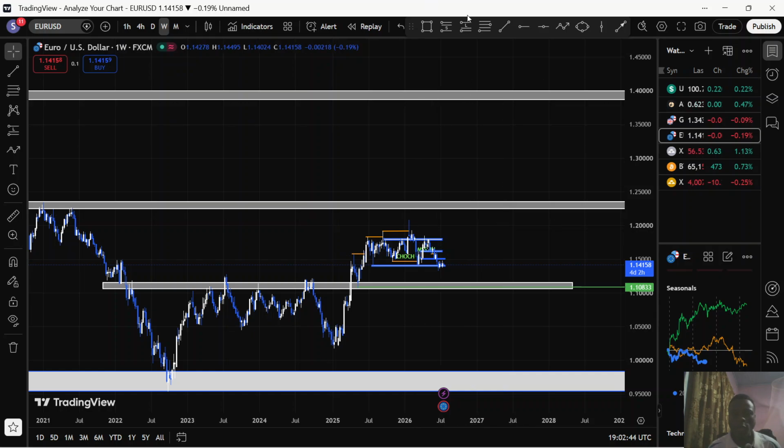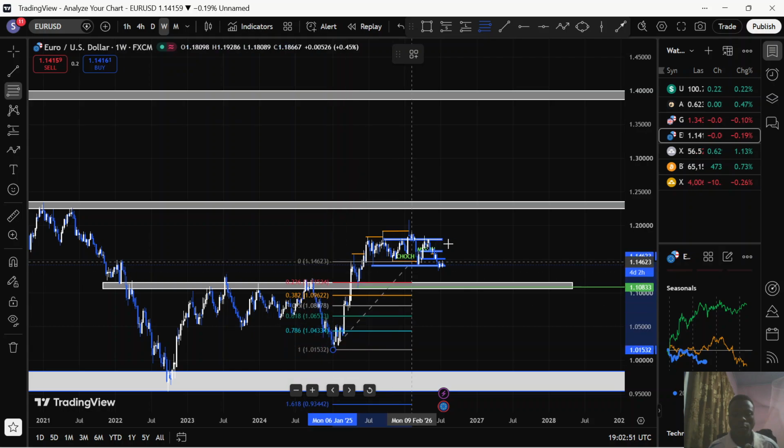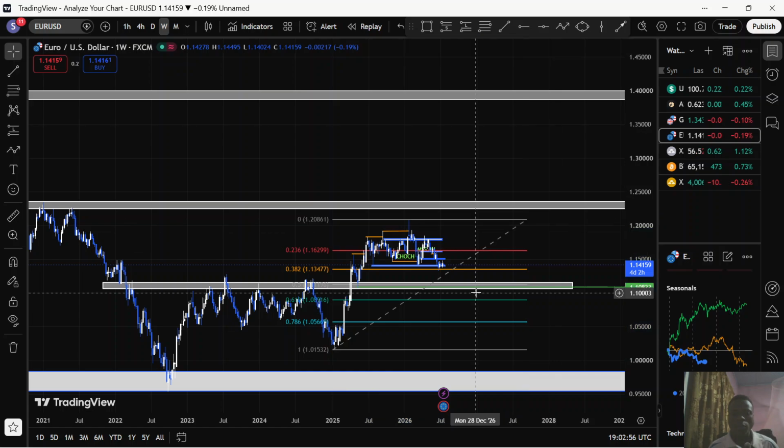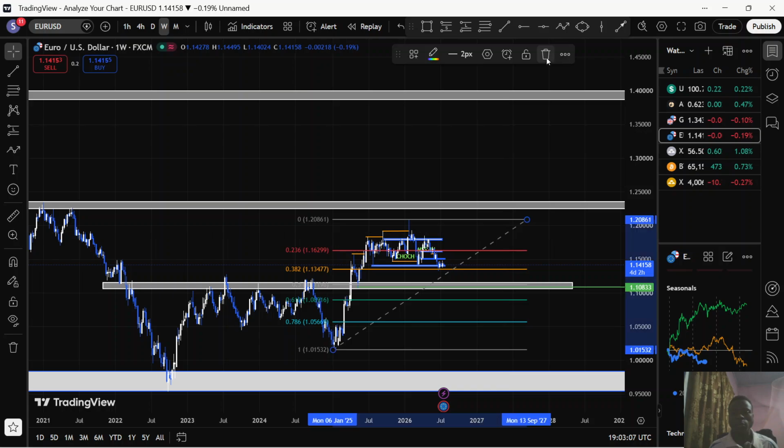Let me just give you guys a clue. If you bring out your Fibonacci retracement, take it from swing low to swing high, you will see that this zone aligns with the 0.5 retracement, and we have the 0.61 just below it, which confirms that this zone is more likely to play out.